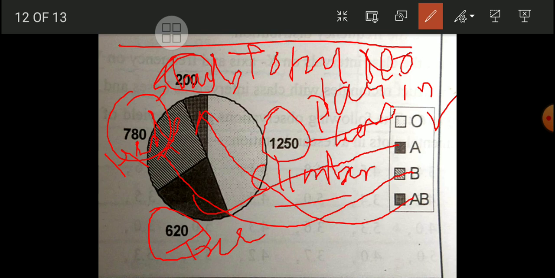So what happens actually is that this is the number of total blood banks in the year 1996, but they are collecting different groups of blood. With comparison we will come to know that the number of O blood collecting blood banks in 1996 is 1250 out of the total blood banks, A blood collecting 620, B 780 and AB 200.